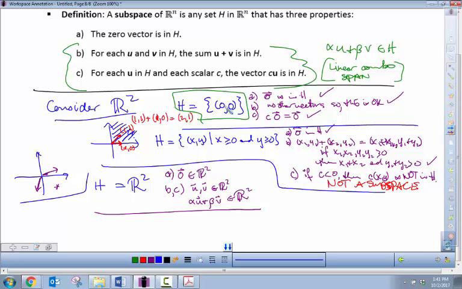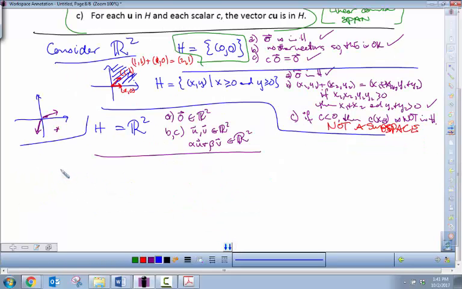It has to pass through 0, 0, right? You guys were all thinking that. I just didn't state my question correctly. So the only non-trivial example in R2 would be a line that passes through the origin. So the y-intercept is equal to 0.